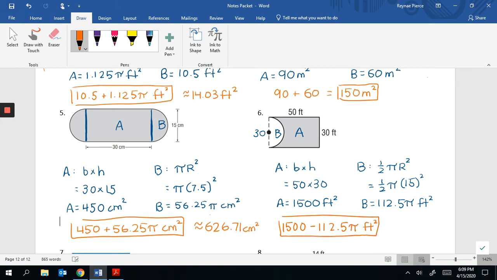Okay, now multiplying pi by the 112.5, and then taking that away from 1,500, we get about 1,148.14 square feet.